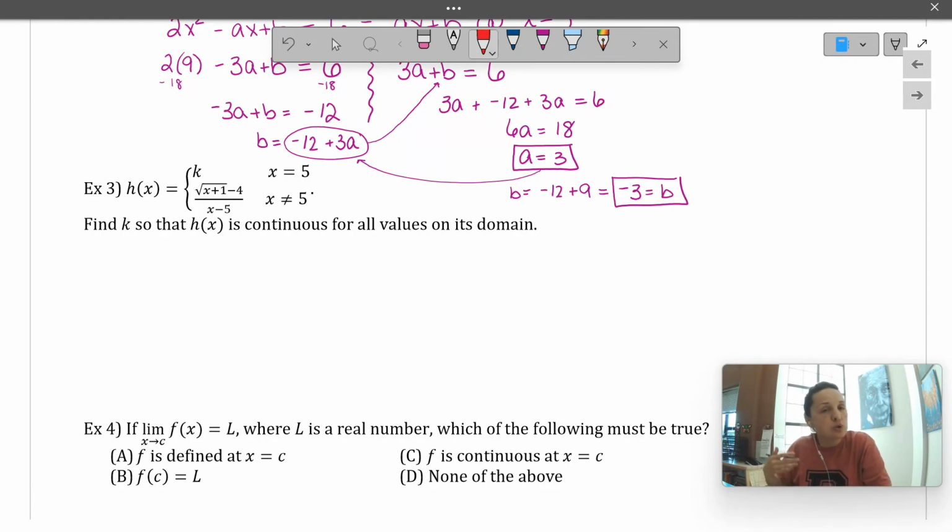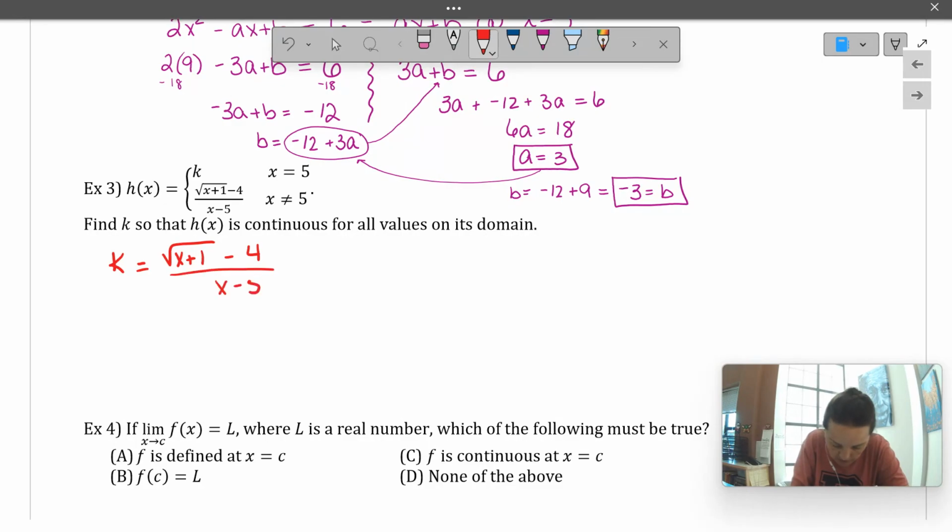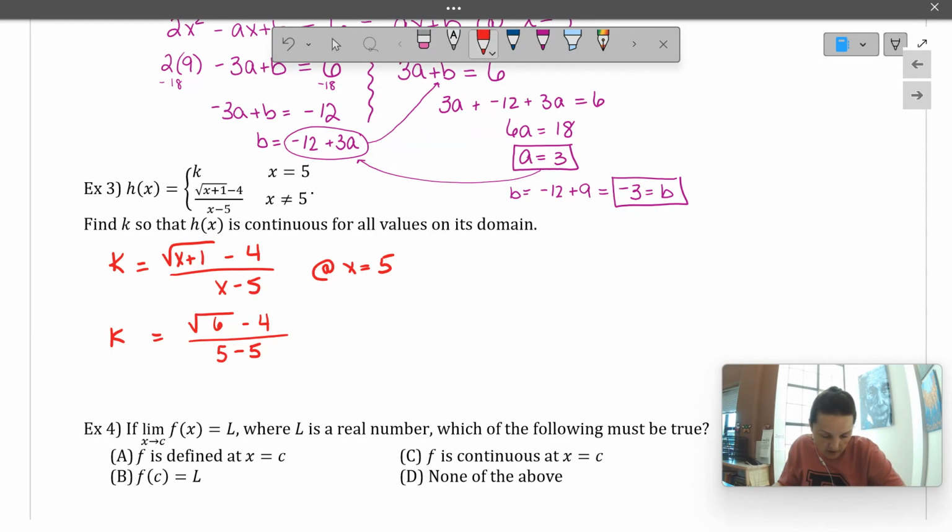So if I were just plugging and going along, I would say, all right, so then k needs to equal, again, red means stop, don't write this down, the square root of x plus 1 minus 4 over x minus 5 at x equals 5 where it's broken, and then I put the 5 in, and I get the square root of 6 minus 4 over 5 minus 5, and that's undefined.